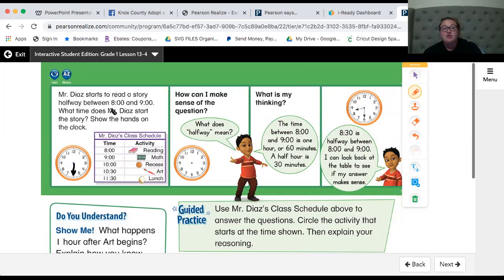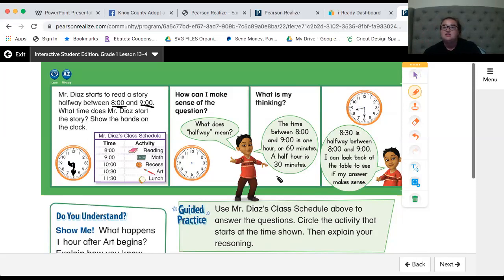Since it was halfway between 8 and 9 o'clock, when I draw my hour hand, I'm going to draw a short line between the 8 and the 9. Can you see that? Right now, this tells me it's 8:30. So halfway between 8 and 9 is 8:30.